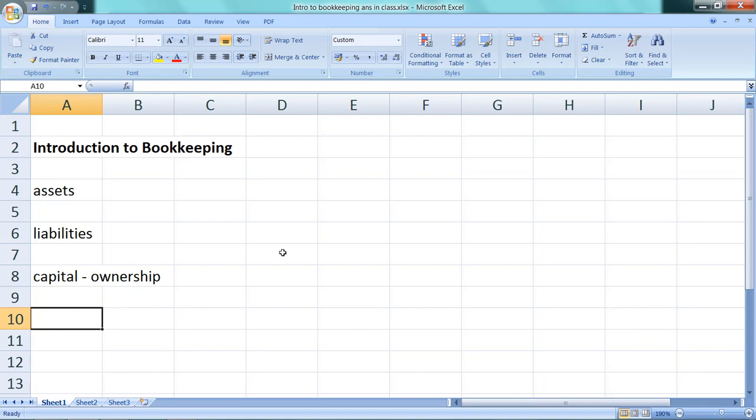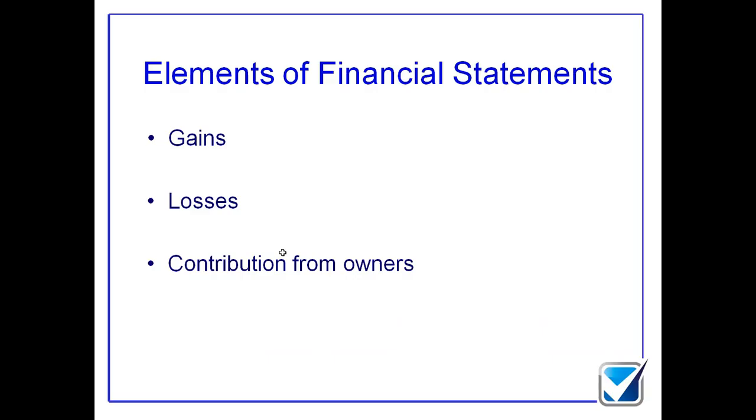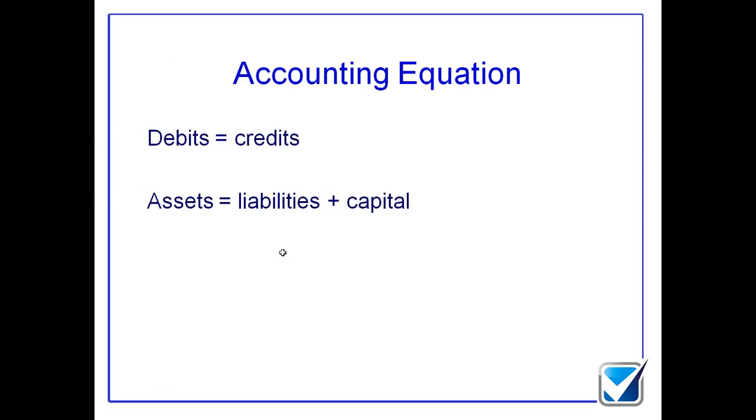And what this means is I can represent this algebraically. You remember when you went to school and you said, oh, I'm never going to use algebra in the real world? Here we go, we start using algebra. This is as far as we're going to go with it. If debits equals credits within my financial statements, what I can now say is asset values, which are debits, equals the liabilities, which are credits, plus the ownership interest, which is my capital, which are also credits.